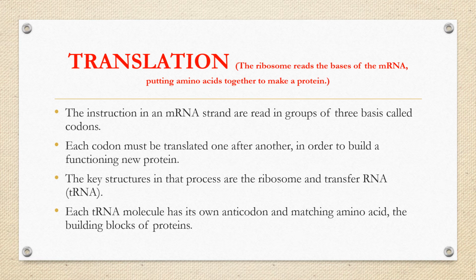The key structures in that process are the ribosome and transfer RNA, or tRNA. Each tRNA molecule has its own anticodon and matching amino acid, the building blocks of proteins.